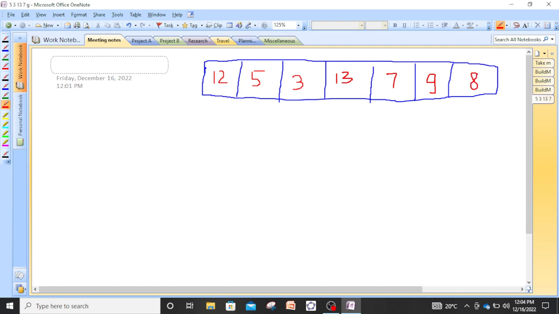So as I said, to understand the heap sort, which I will show you the algorithm in this video, is based on the max heap. So I am here making a max heap of the array that you see on the screen.